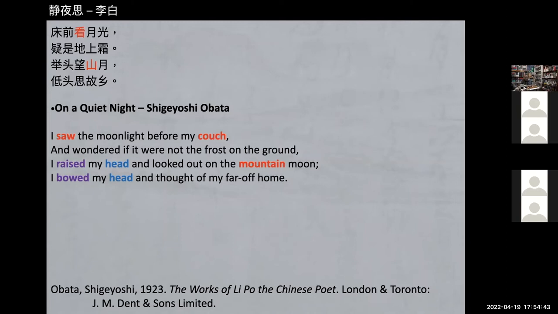So this is formal, I would say this is formal equivalence, because he tried to stick to the Chinese poem as much as possible, at least in terms of meaning. He translated it almost very faithfully. He rendered a faithful translation.